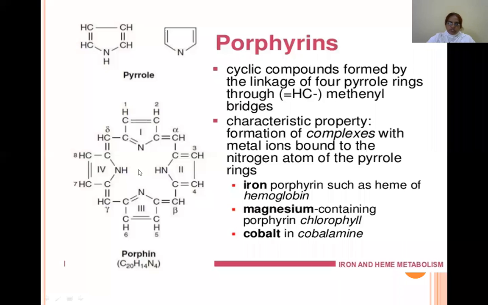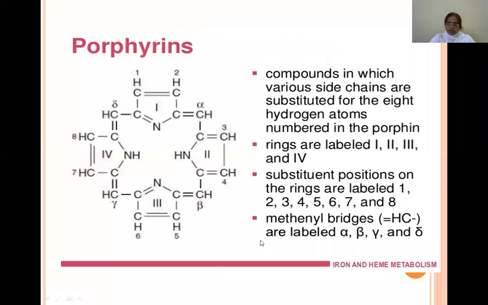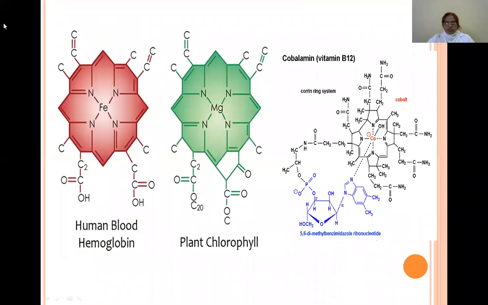Now the iron is present at the center of the porphyrin, bound to the nitrogen atoms. So hemoglobin contains iron porphyrin, which is the heme of hemoglobin. Heme is an iron-containing porphyrin, chlorophyll is a magnesium-containing porphyrin, and cobalamin is a cobalt-containing porphyrin.